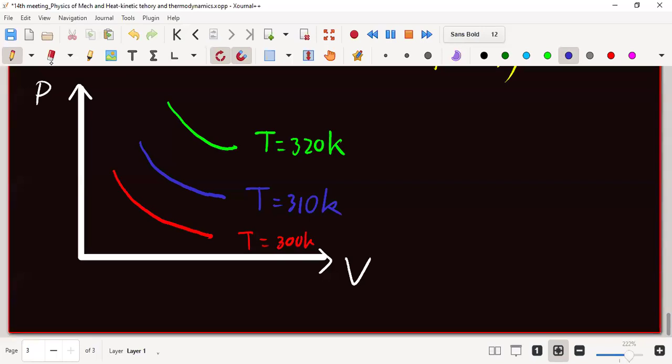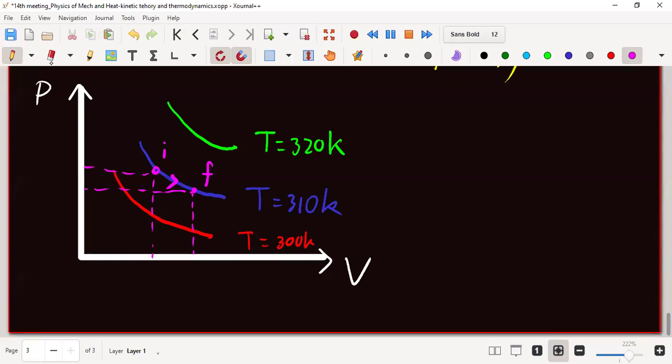This is the initial and final. For example, for the middle one, we can take the point here. This one is the initial point and then the final point, at the same temperature. So the final volume is greater than initial volume. With the greater volume, the pressure will be lower. So work done by an ideal gas during isothermal expansion is positive.